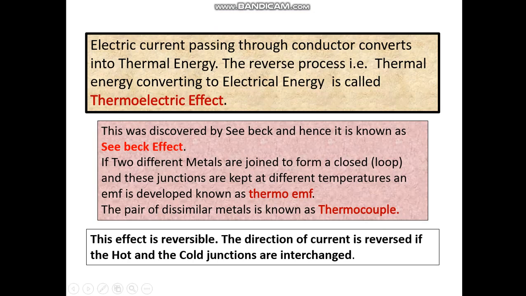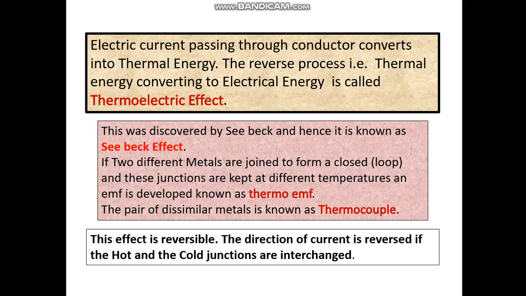Electric current, we know, when it passes through a conductor, gets heated up. Therefore, it gets converted to thermal energy. The reverse process, that is thermal energy converting to electrical energy, is called thermoelectric effect. This was discovered by Seebeck and hence it is known as Seebeck effect.